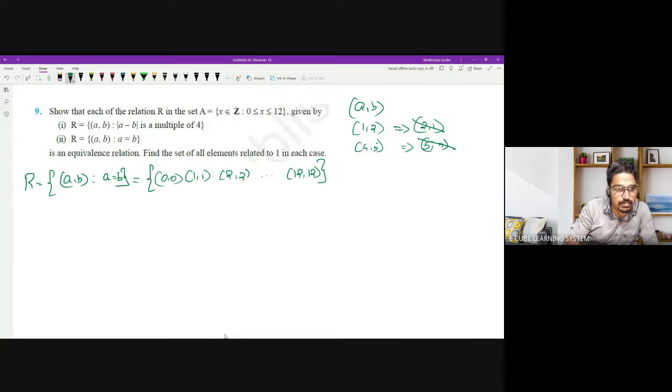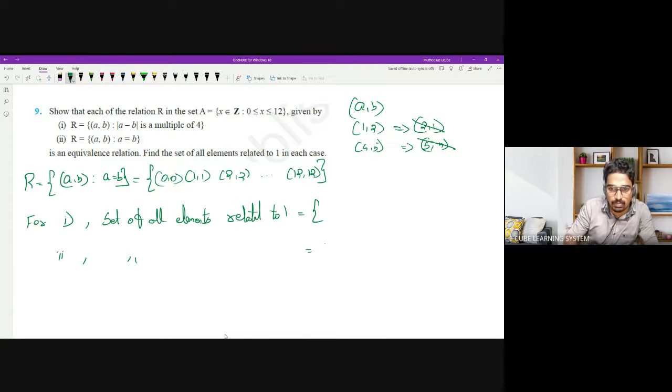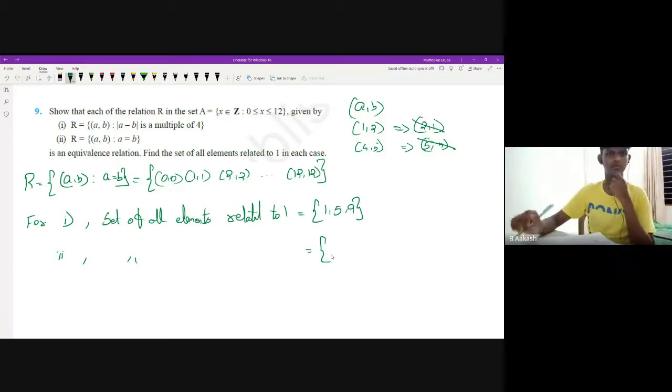Write quickly. For the first question, the set of all elements related to 1 will be, Akash, it will be {1, 5, 9}. And in the second case? Sir, 1 only.